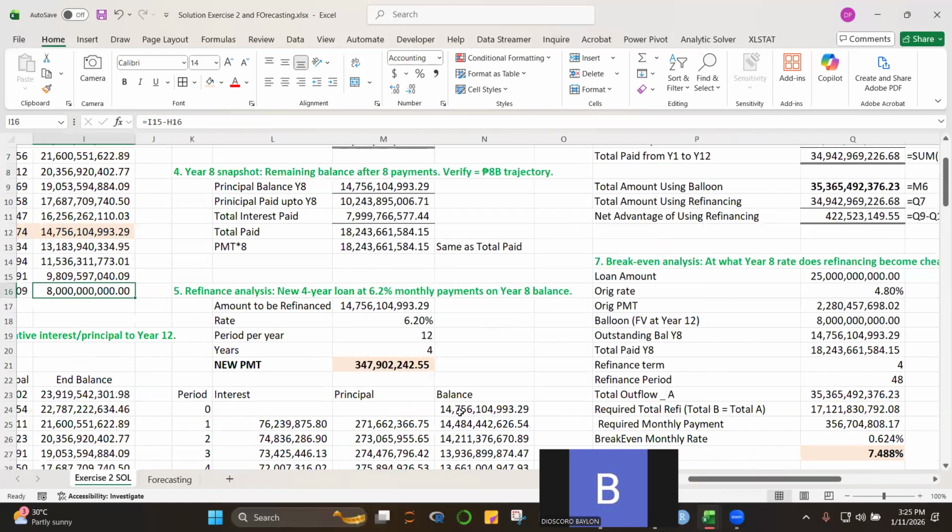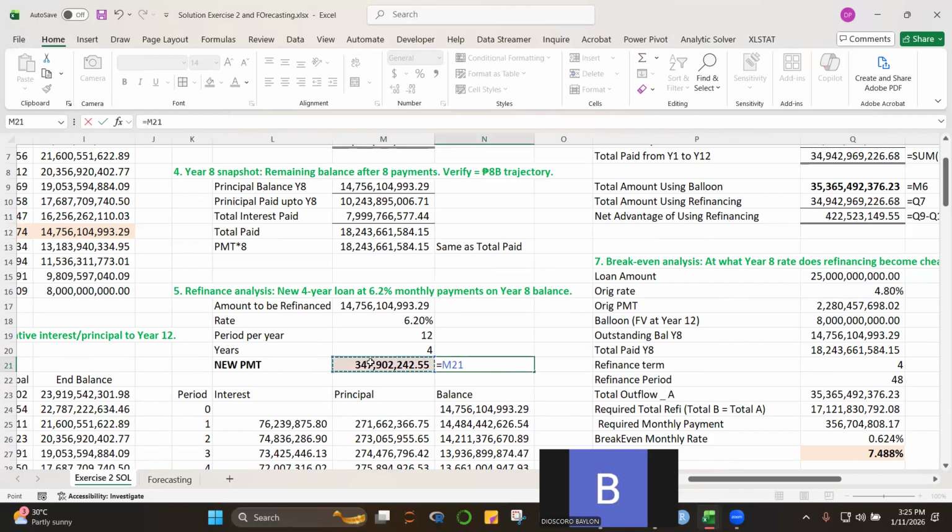Pero ito annual yung 347. Computing natin kung sa isang year times 12, okay? 4.174 billion.